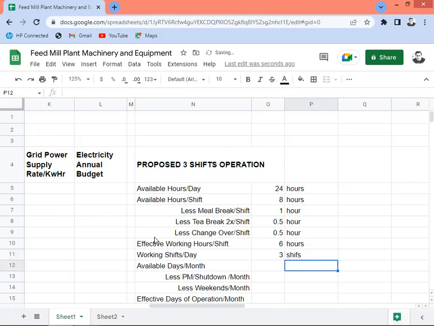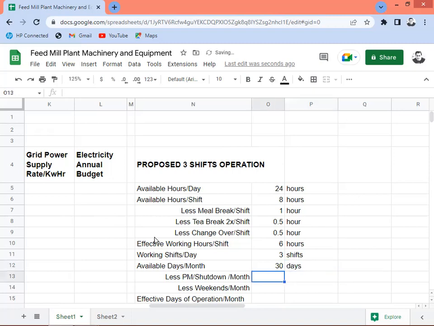Okay, 3 shifts. Then the available days per month is, let's just say, 30, because the majority of the months in a year have 30 days, or sometimes 31 and 28 days. So we'll just stick with 30 days.